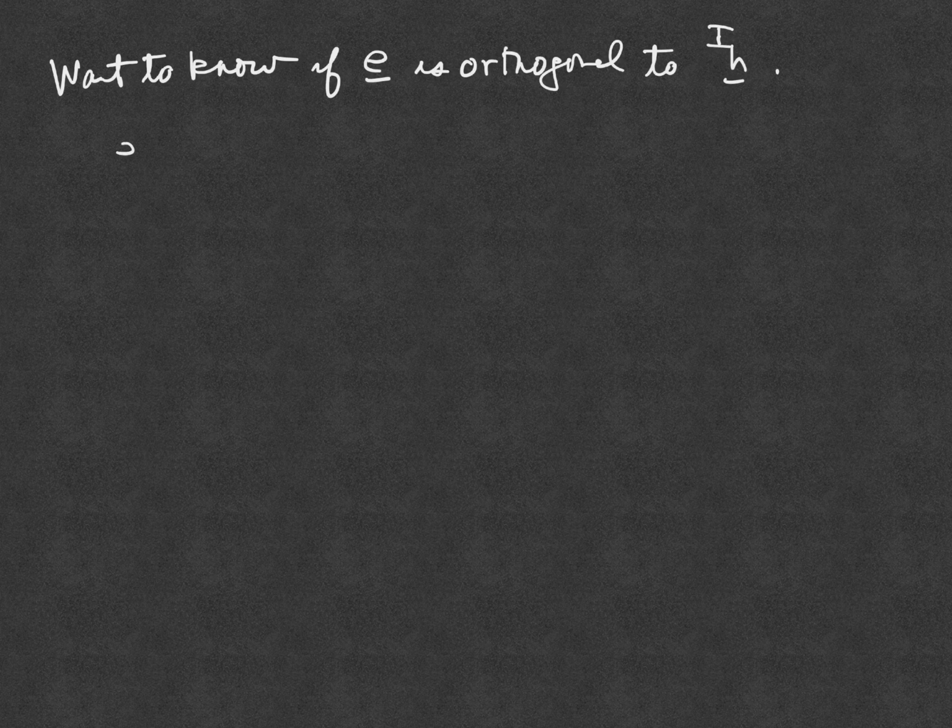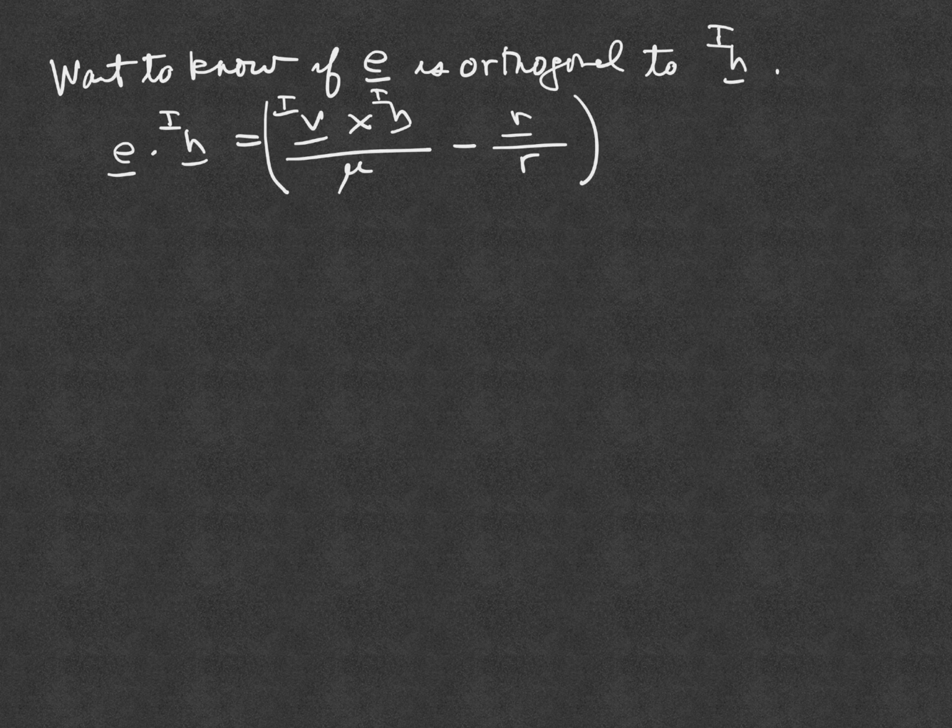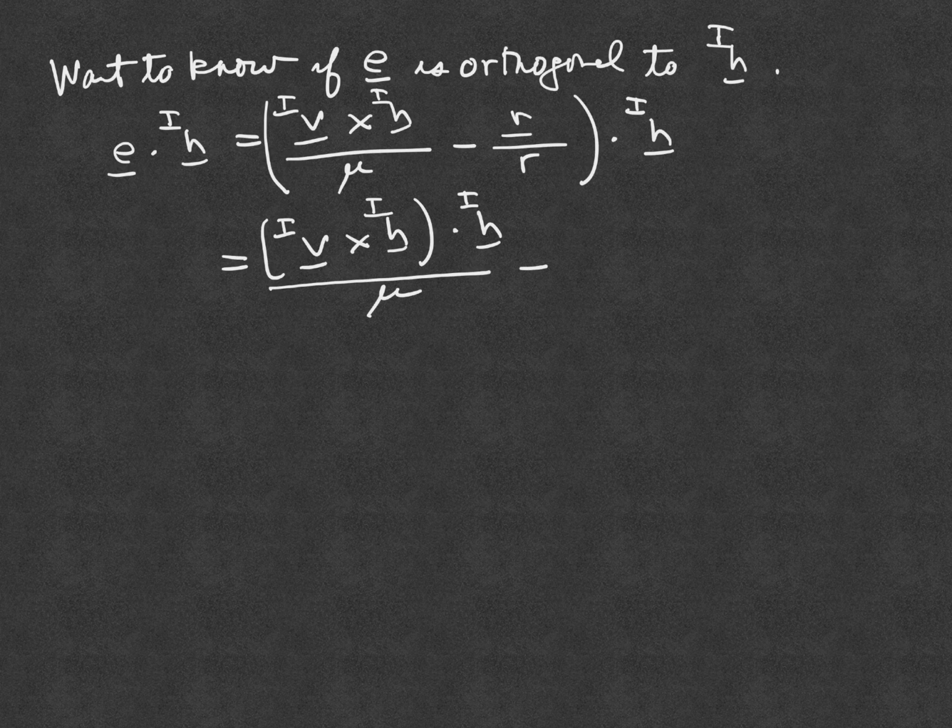If I take E dotted with HI, I get VI crossed with HI divided by mu minus R all divided by R, the whole thing dotted with HI. But that's equal to VI crossed with HI dotted with HI all divided by mu minus R dotted with HI all divided by mu.